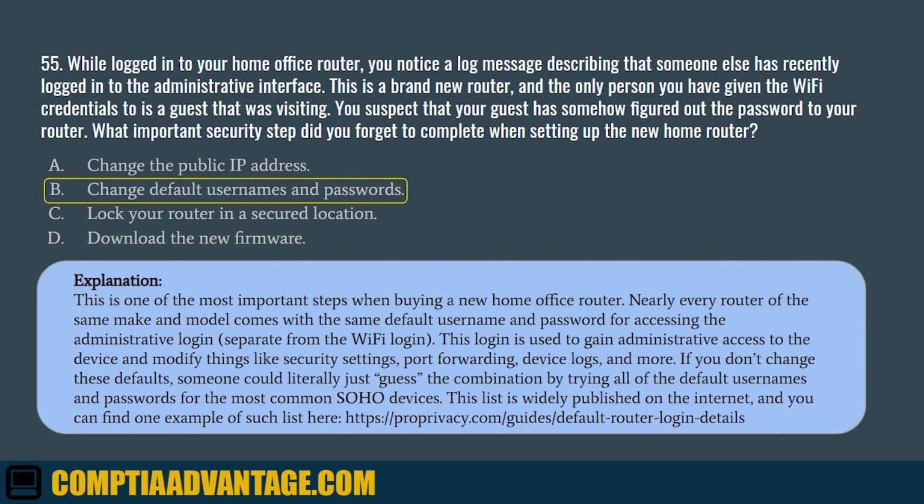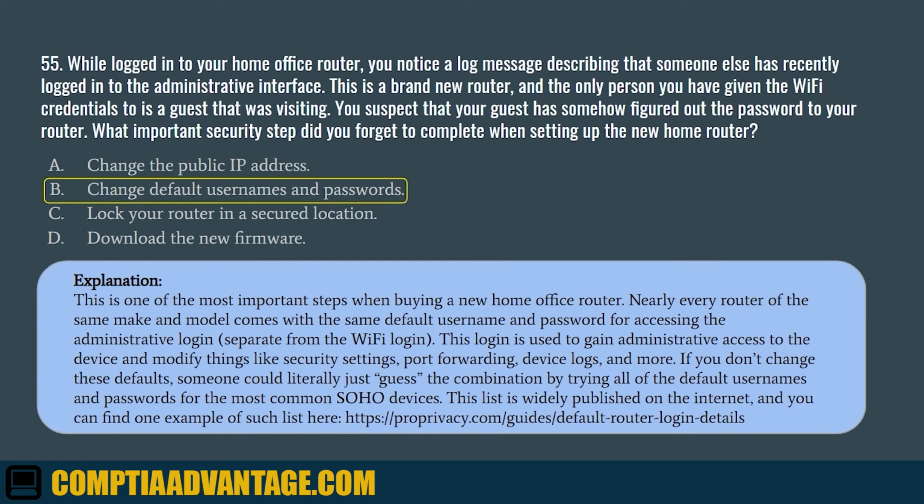This is one of the most important steps when buying a new home office router. Nearly every router of the same make and model comes with the same default username and password for accessing the administrative login, separate from the Wi-Fi login. This login is used to gain administrative access to the device and modify things like security settings, port forwarding, device logs, and more.